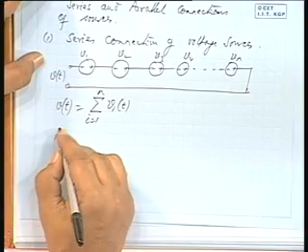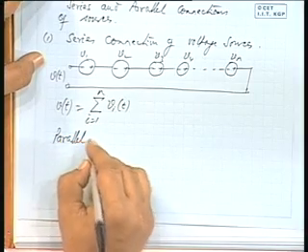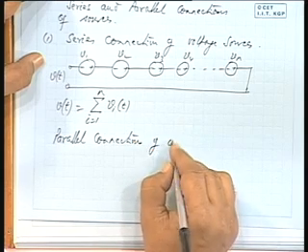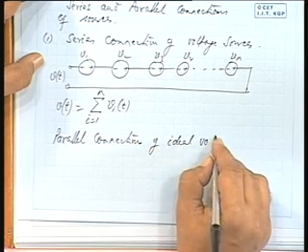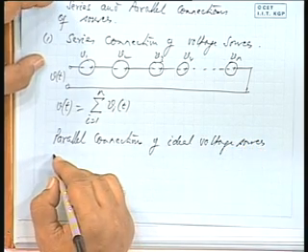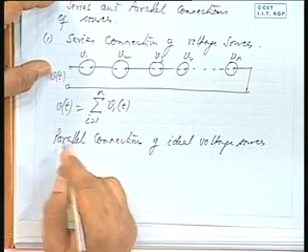Parallel connection of ideal voltage sources is not defined. It is just not possible to have parallel connection of ideal voltage sources. For example, if you have V1 and V2, two different voltage sources, if you put them together, what will be the terminal voltage?